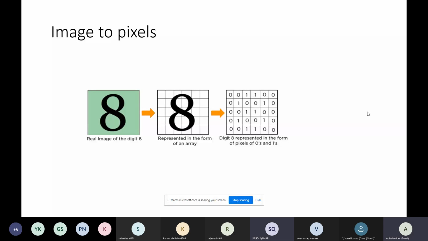We can convert this into NumPy arrays and then put it in as an input. Yeah, good. You can convert this into a NumPy array, connect it with the hidden layer and do it. Correct.